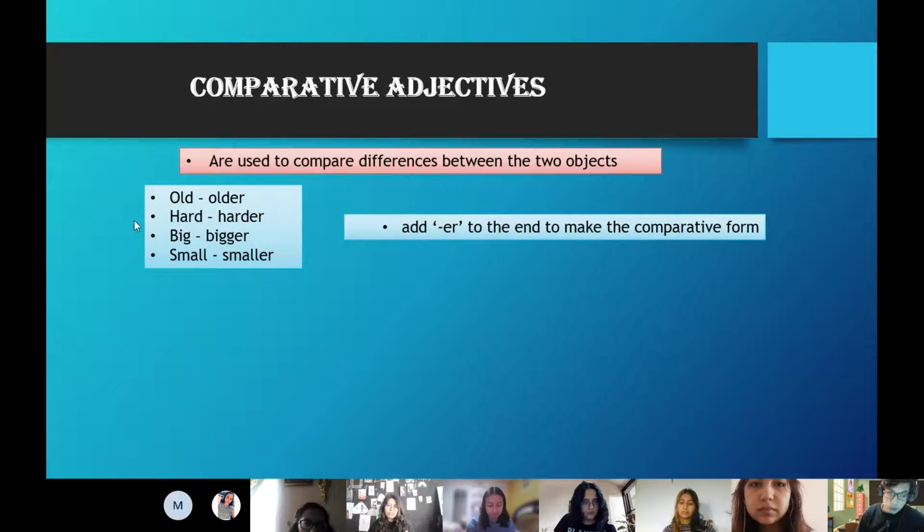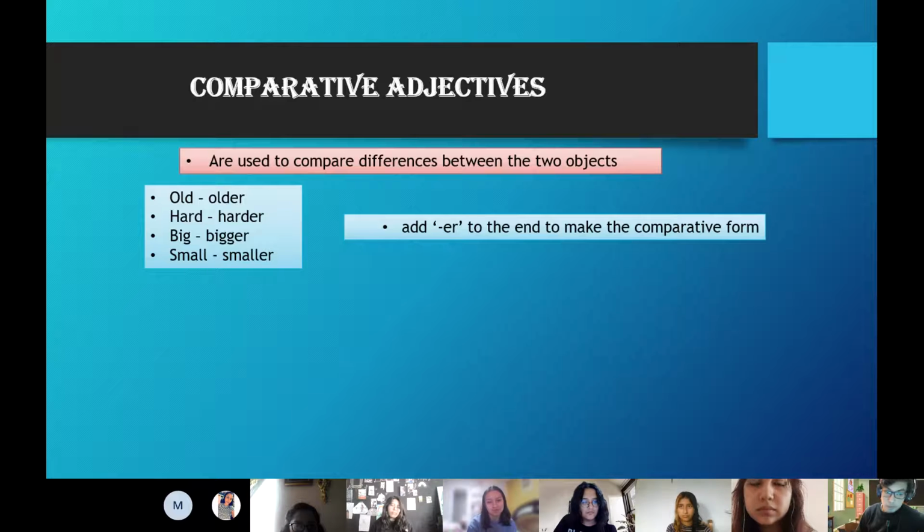We add the ER to the end to make the comparative form. For example, the adjective is old, and then we add the ER, and then we have older. With hard, we add ER, and we have harder. Also, we have big, and then we double the consonant, and then we add the ER. And last, small, smaller.